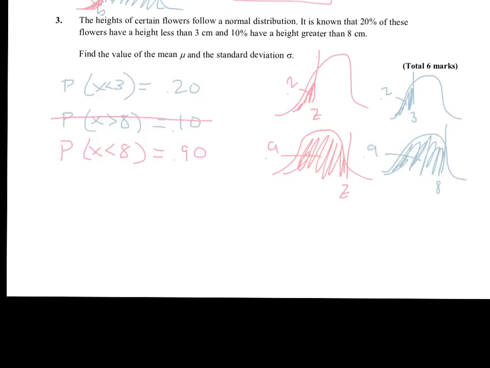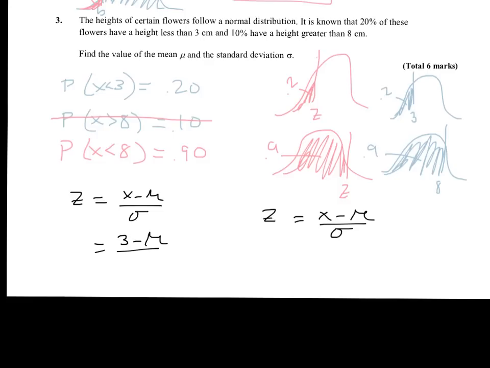Now, I am going to go ahead and set up 2 equations with our equations that relate z to x. In one of our equations, x is 3, and the other, x is 8. So I'm going to go ahead and write that out.